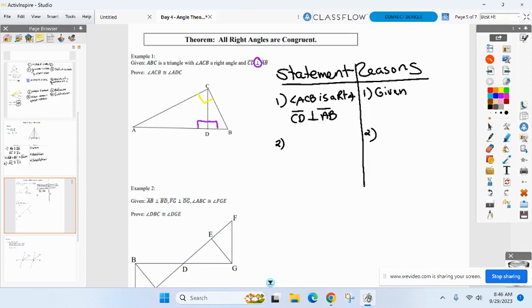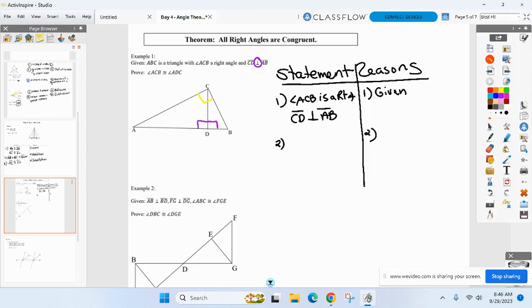But I don't want that written in the statement's reasons. This is why I've given you the new one. We're going to use this to say they're congruent: all right angles are congruent. If you want to tell me right angles are congruent, you must have both right angles written here in the statements. I don't care how beautiful your diagram is. I don't grade that.